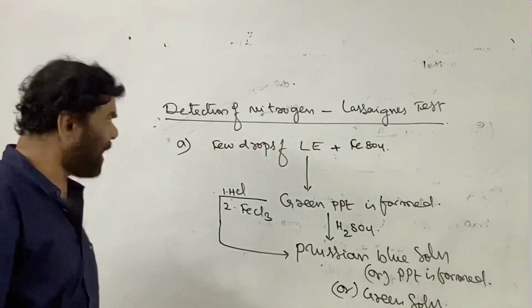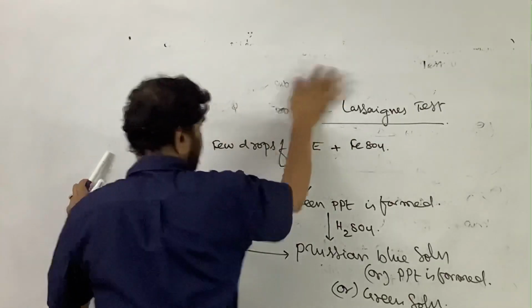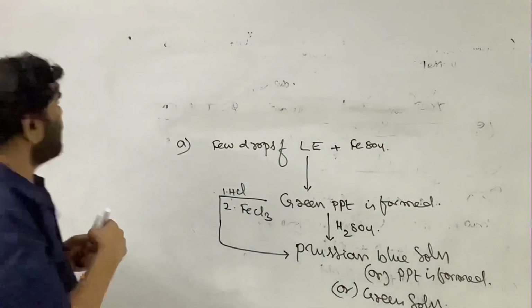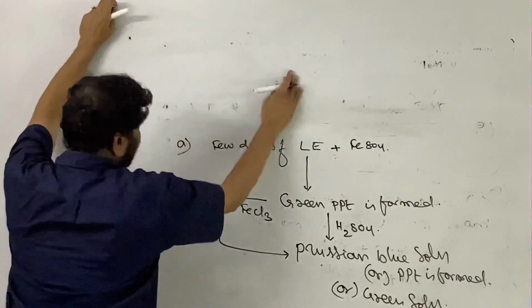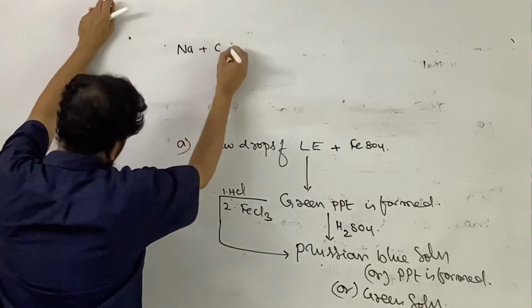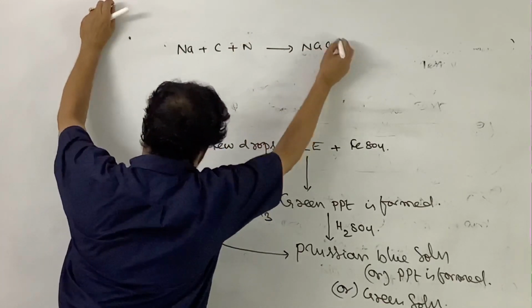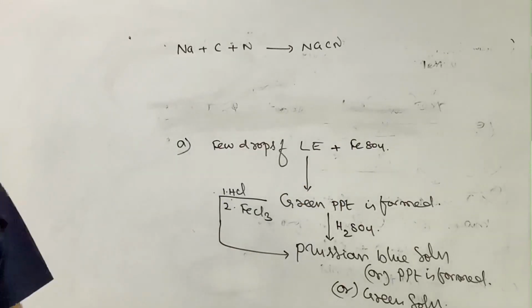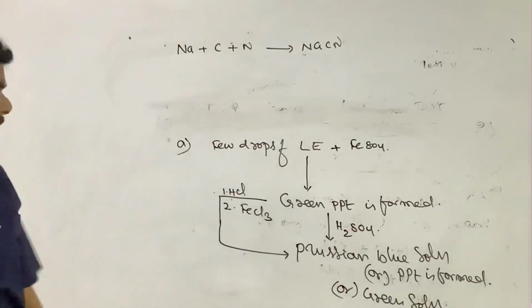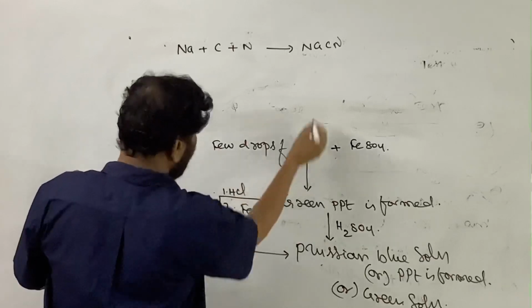What is happening? What are the reactions here? Let me write them. If the given organic compound contains carbon and nitrogen, sodium cyanide is formed during sodium fusion. I am writing the principle involved in the detection of nitrogen. The Lassaigne extract contains sodium cyanide, and to this you are adding ferrous sulfate.